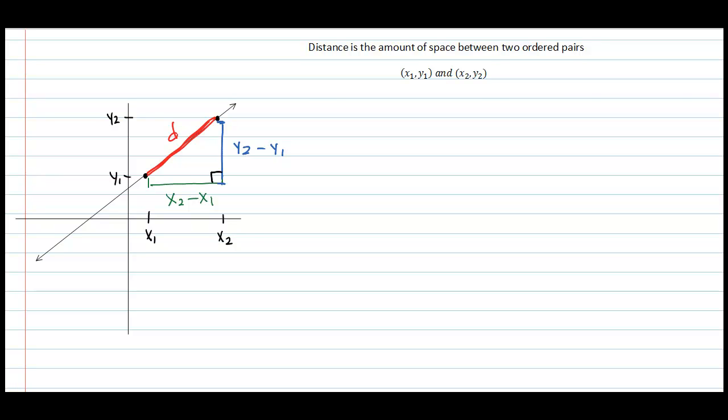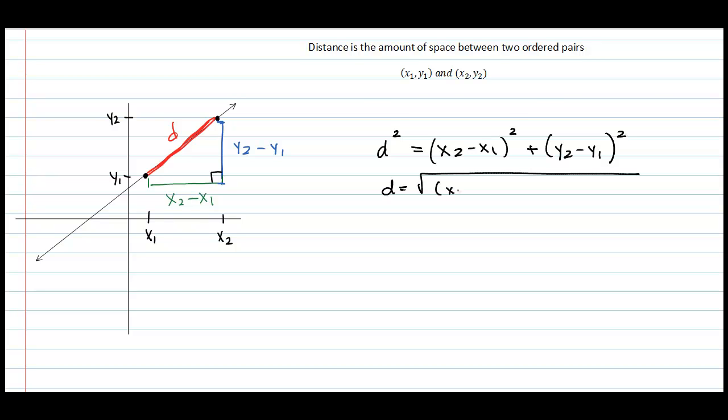And by using the definition of the Pythagorean theorem, we can say that if we take the distance squared, set it equal to the difference of the x's squared, add it to the difference of the y's squared, that should be a true statement. Therefore, the distance formula is going to be the square root of the difference between the x's squared plus the difference between the y's squared.